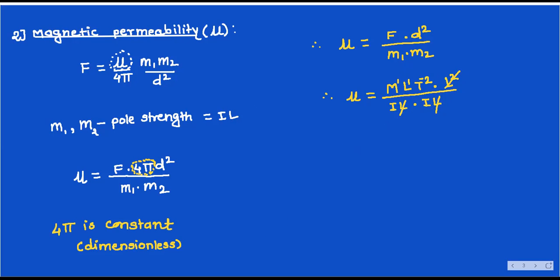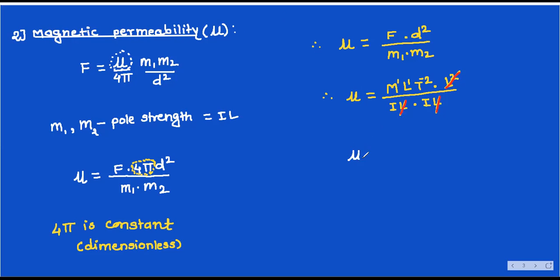Okay, understood what I did? You can see here this L I have cancelled with this L square. This is also L square, no? So this L square and this L square will get cancelled, right? Now, let's see what you are getting.